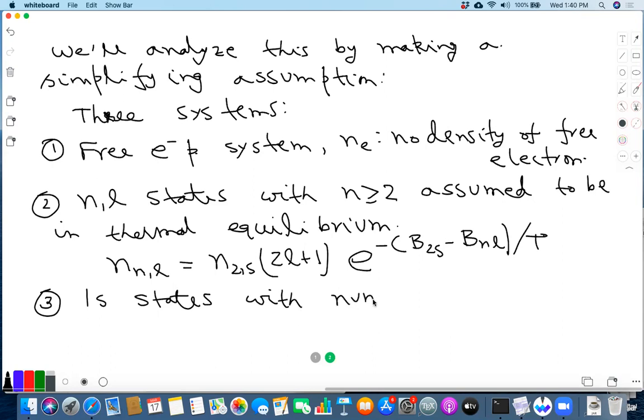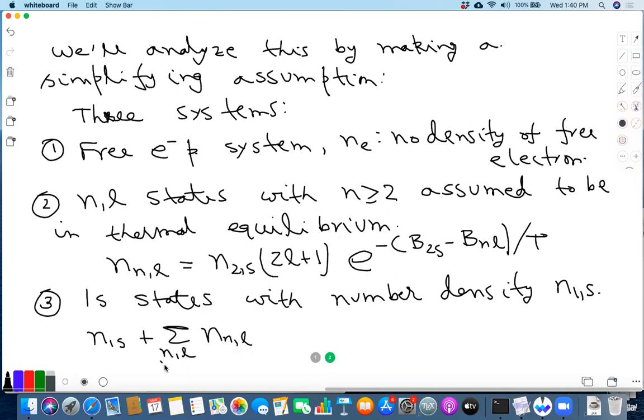With number density N1s. And of course, you have a conservation law. And the conservation law is that N1s plus the sum over NL of NNL, this is for n larger than or equal to 2, plus Ne, the number of free electrons, this is the total number of electrons, and that we have seen after the heliums have formed bound states is about 0.73 times Nb, the baryon density, right?